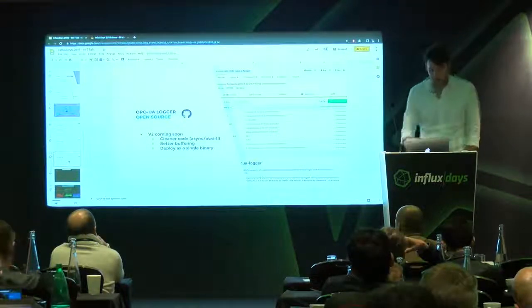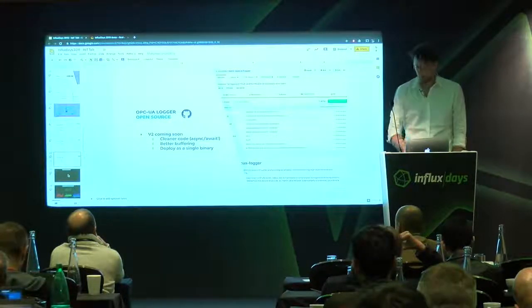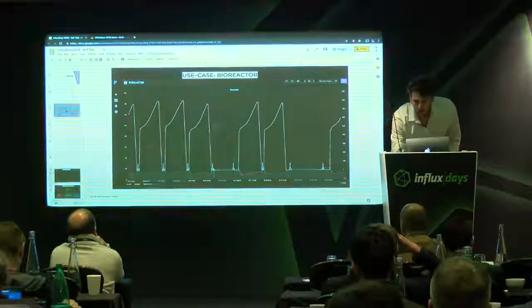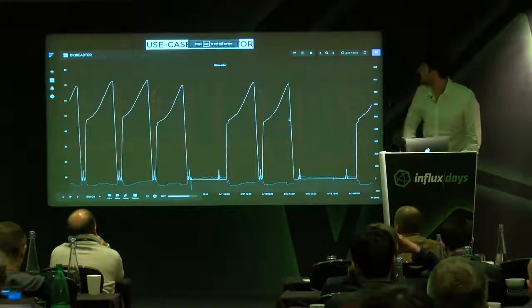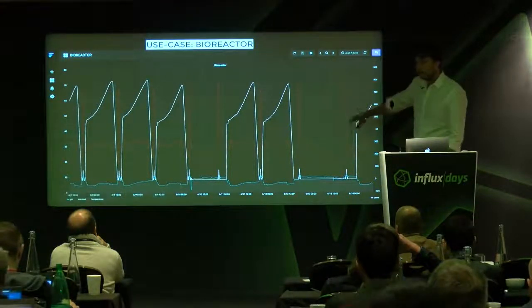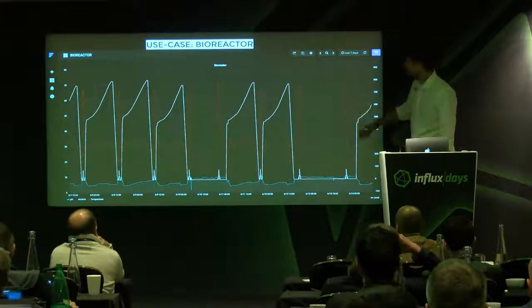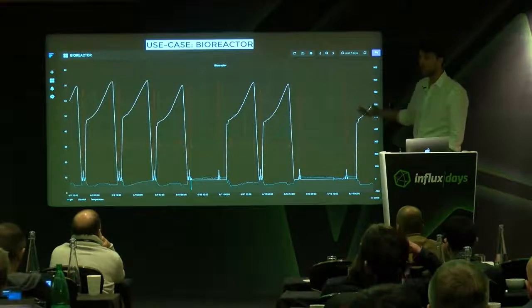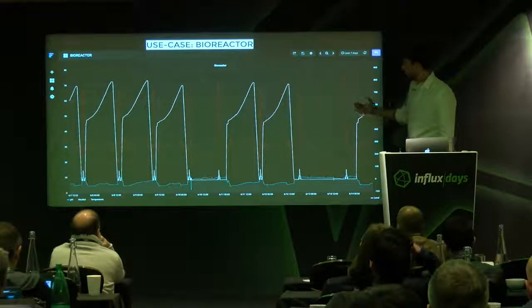So what can you actually do with it, or what do we do with it with some of our customers? Let me present again. There we go. So this is a bioreactor somewhere in Ghent, so a fermenter, and you can easily see that this is not the same types of graph you usually see in a DevOps use case.